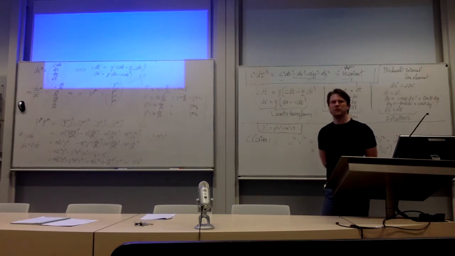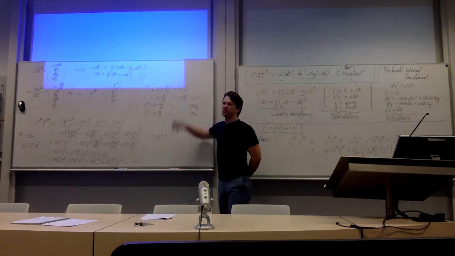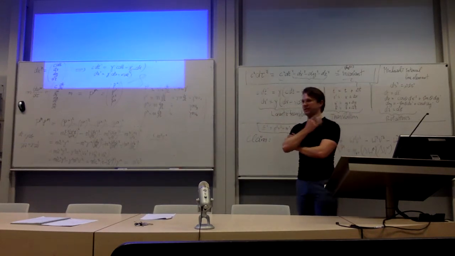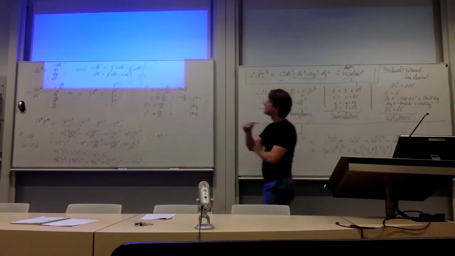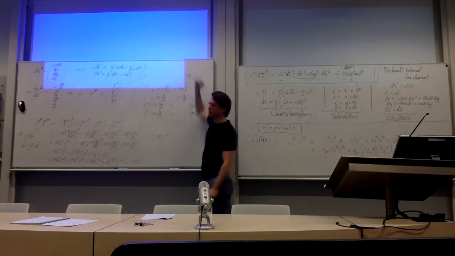What is the dimension of mc gamma? Sorry? What's the dimension, the unit? mc gamma. My claim is it's an energy over velocity. Kilogram meter per second.